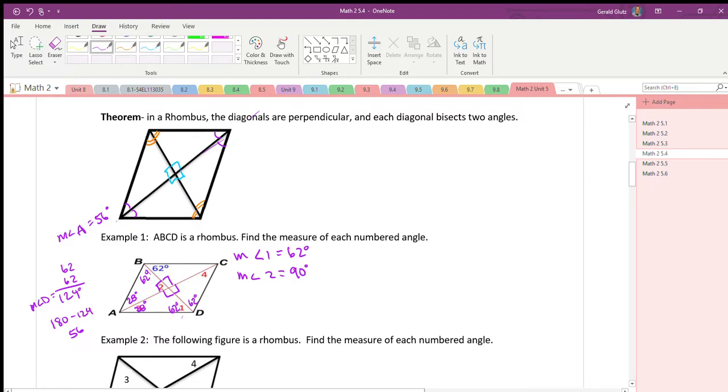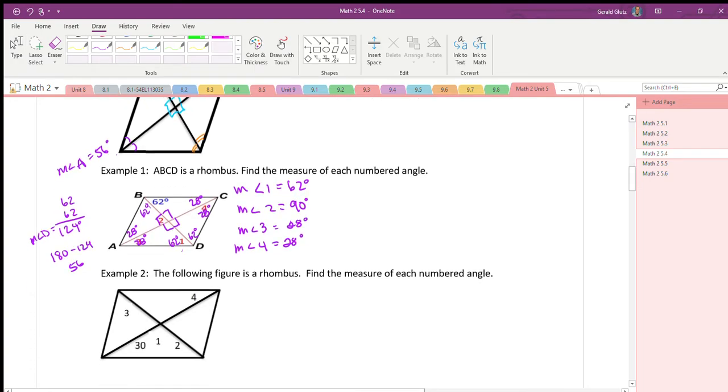So angle 3 is 28 degrees. Again, opposite angles of a parallelogram, or a rhombus in this case, are congruent, so these would also be 28. The measure of angle 4 would also be 28 degrees. So that's example 1.